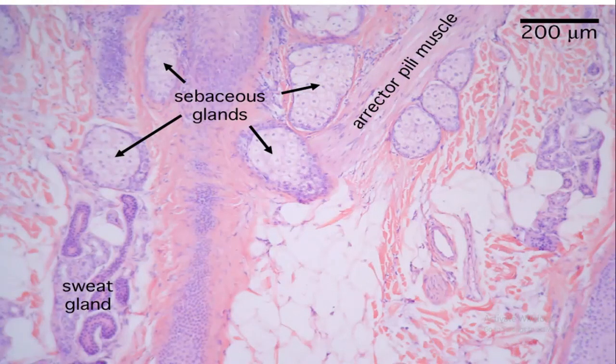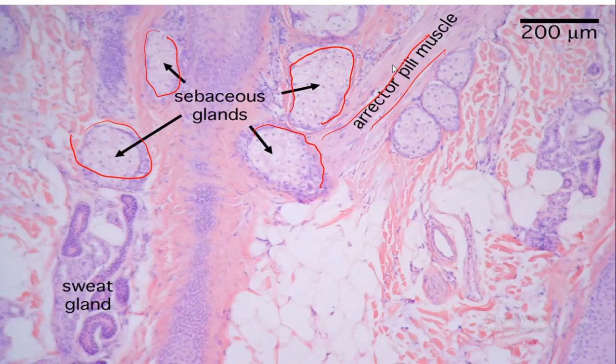Your work will be projected, so you need to understand. These are the sebaceous glands, these are also sebaceous glands, these are also sebaceous glands, and the muscles which are passing are the erector pili muscles.